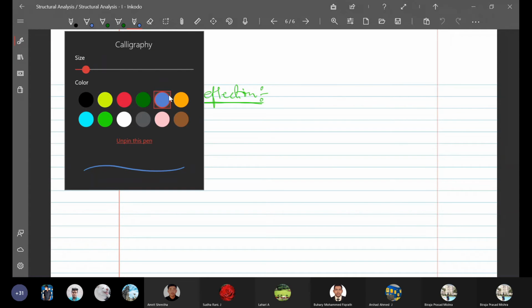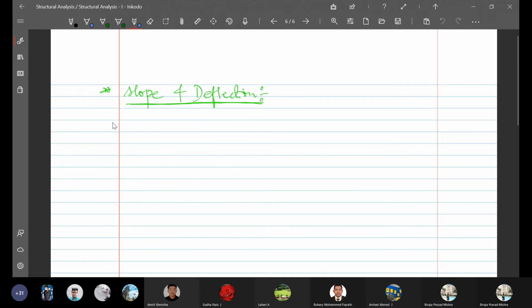So now again we will use the same bending moment equation. We can write here the bending moment at any cross section in AC.